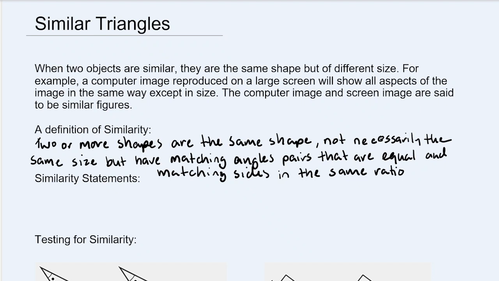Now, just like with congruent triangles, we can have statements around similarity. In congruency, we have the three horizontal lines. That is our congruency symbol.